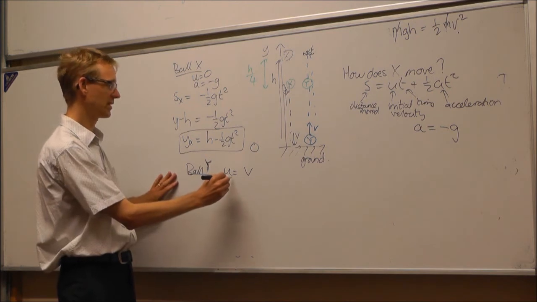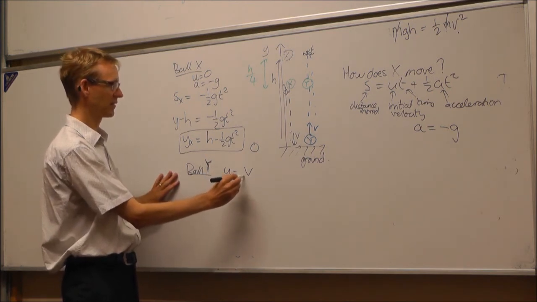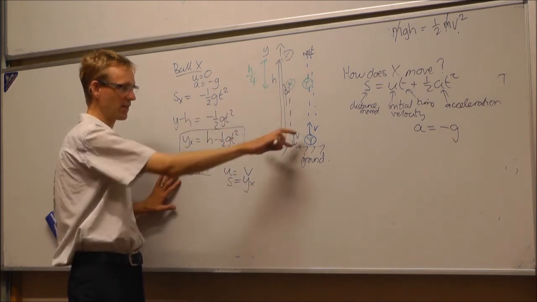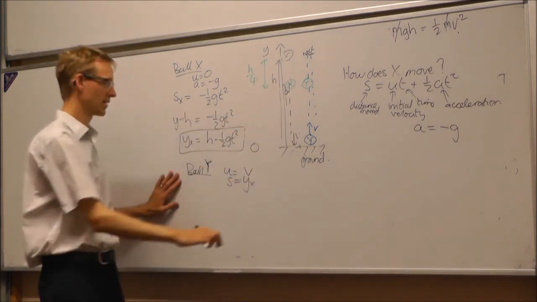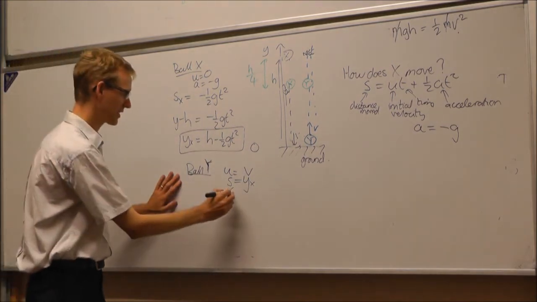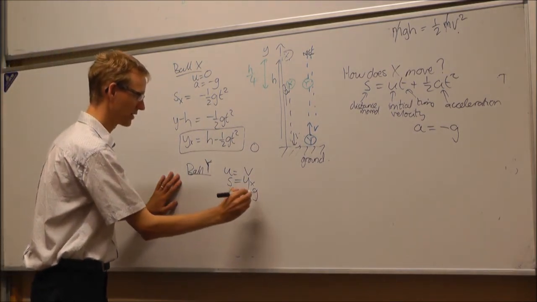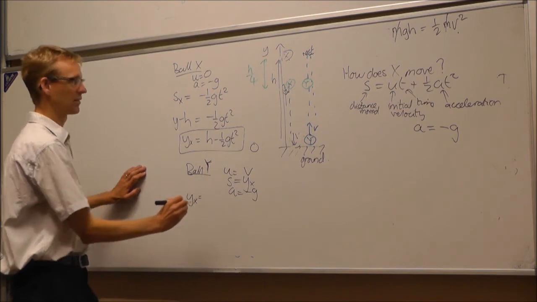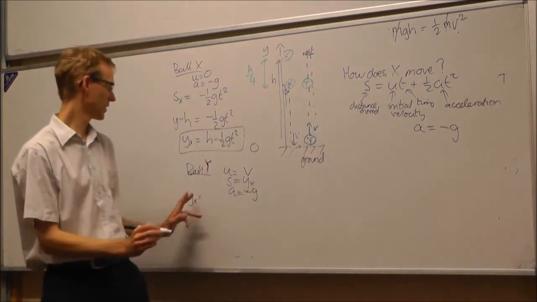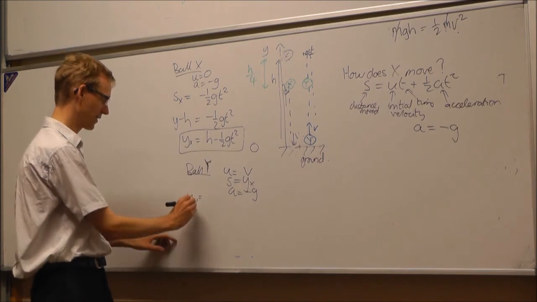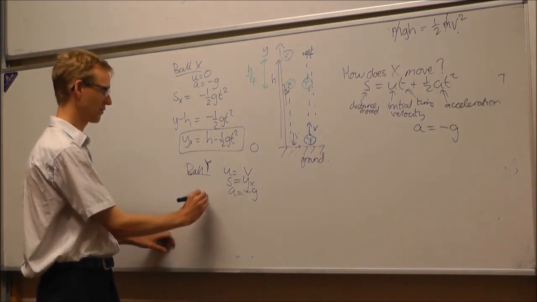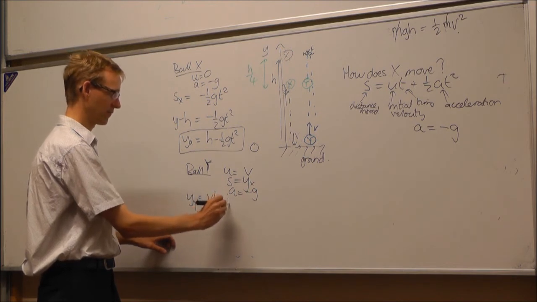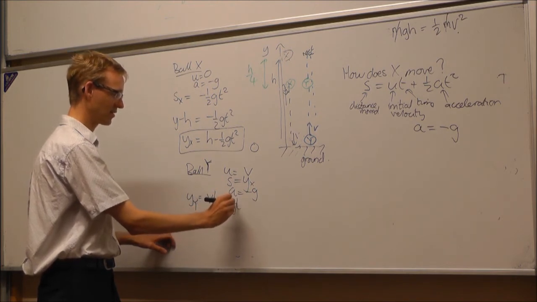Your distance moved is going to be the height, y of x, because it's going up from the ground. Again, acceleration is minus g. So we've got s, which is y, so y of y, equals initial velocity times time, plus half times acceleration times time squared.